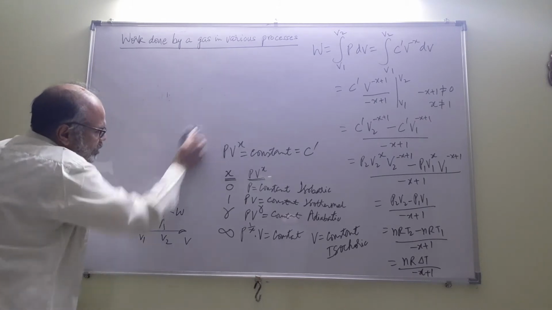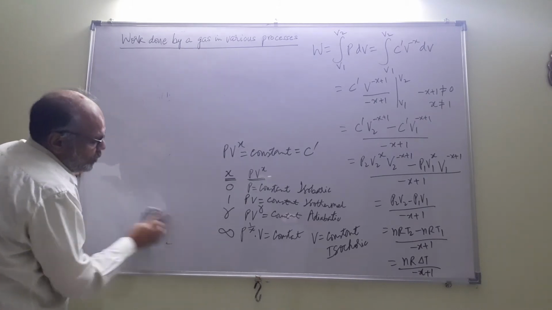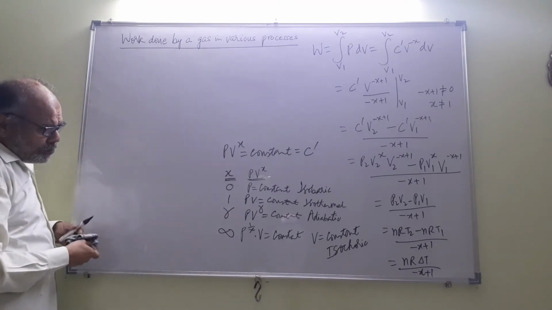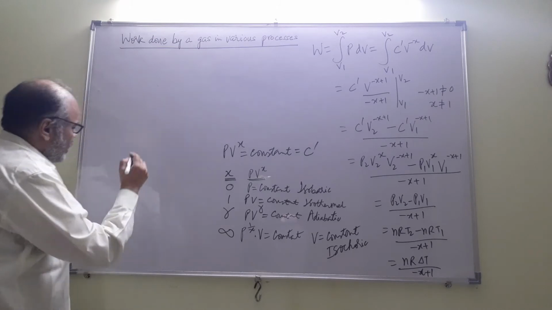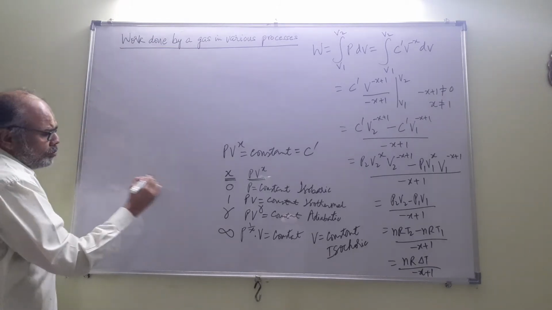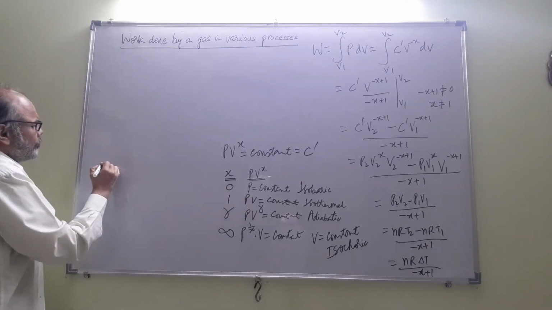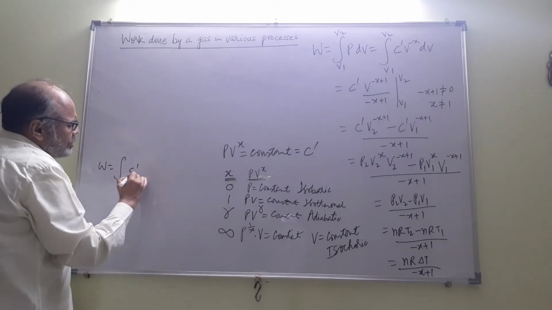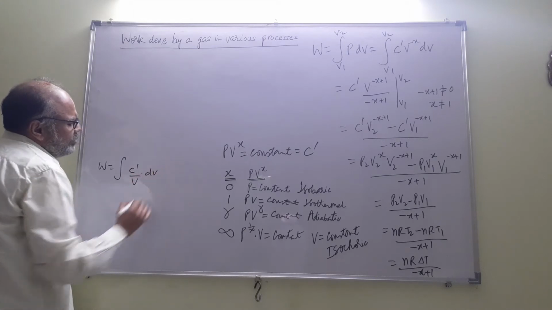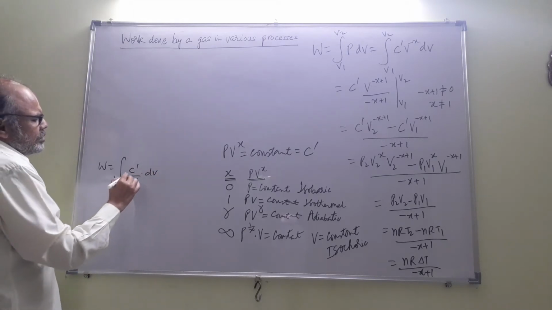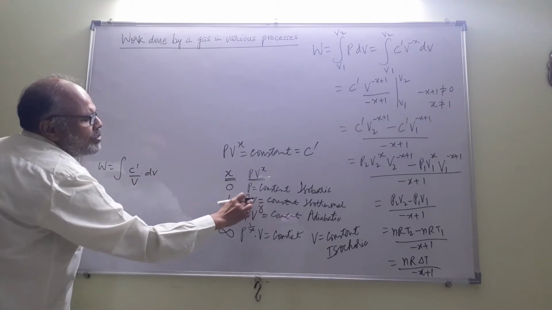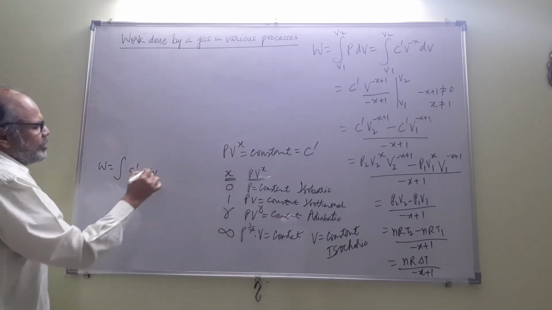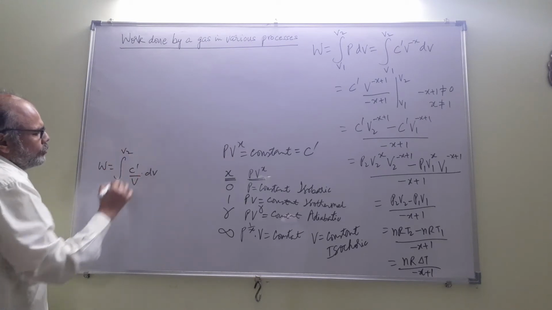So for the isothermal process, how can we find the work? For the isothermal process, PV equals constant. So the work would be integral C dash by V dV. P is C dash by V, X is 1. This is from V1 to V2.